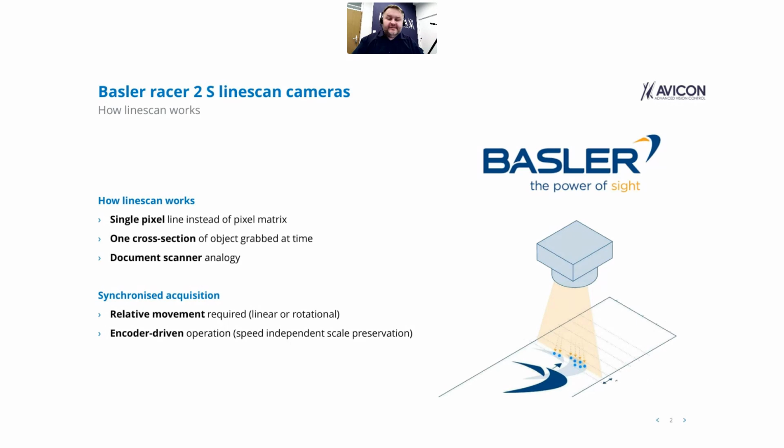This single stripe of pixels grabs a single line of the image instead of the full image, like maybe you see me in the webcam. So this is area scan. Line scan would be like we take only one line from the image and do something with it.